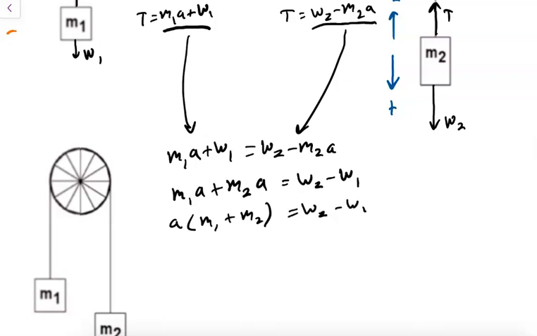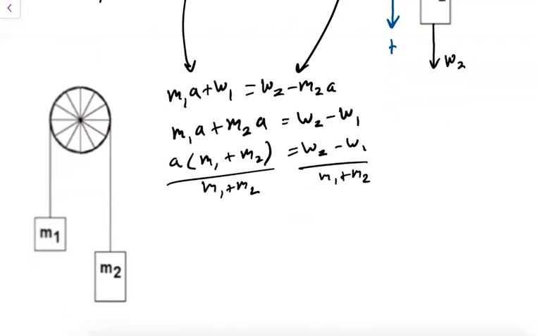Then I divide by M1 plus M2, and this cancels out. I get acceleration is equal to W2 minus W1 over mass 1 plus mass 2.